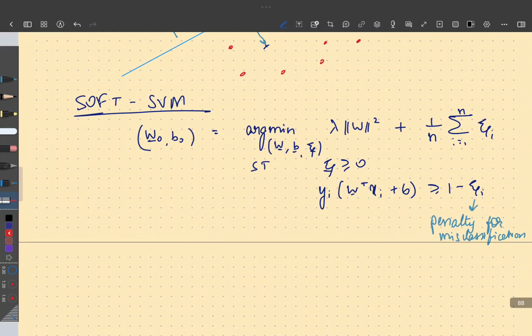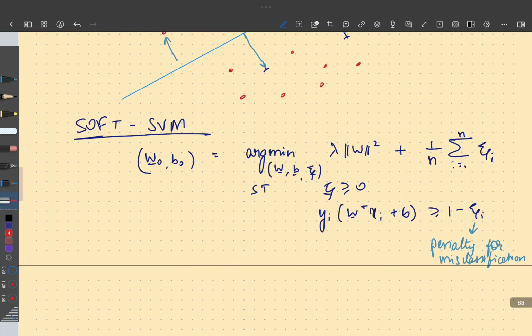If you think about it a little carefully, the high level intuition is, suppose that the norm of W was equal to 1, then this would essentially be the distance from xi to the hyperplane, and you want to ensure that the distance to the hyperplane is as small as possible.